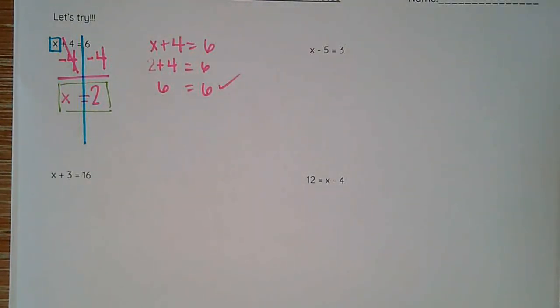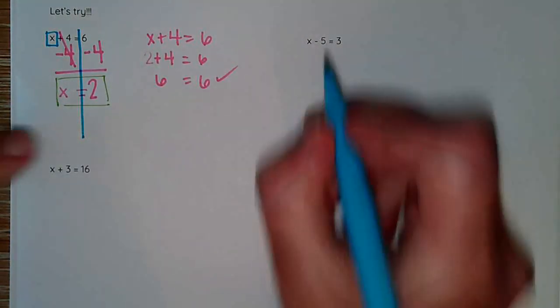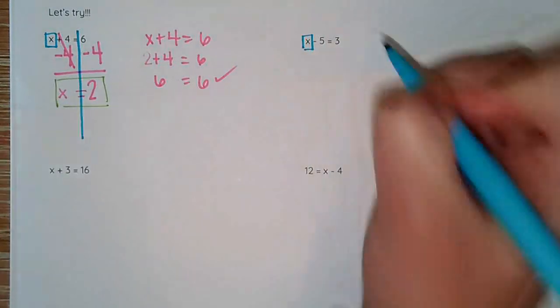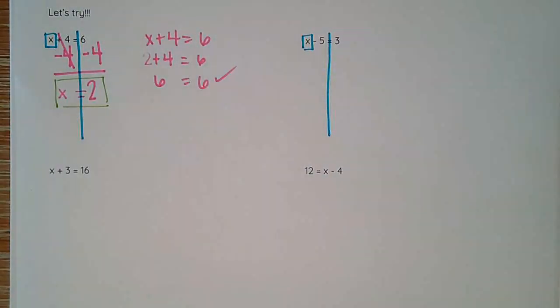Let's try another problem. x minus 5 equals 3. Again, the first thing I do is box that variable term and draw that line. That line helps remind me to keep everything balanced. Now, I need to get that x alone, so I ask myself, how do I isolate that variable? I've got a minus 5 here, and I need to get rid of that.